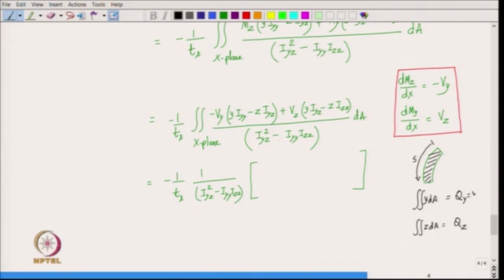So, this is y bar of the shaded area times the area, and this is z bar of the shaded area times the area, where y bar and z bar are the centroids of the shaded area. Okay.